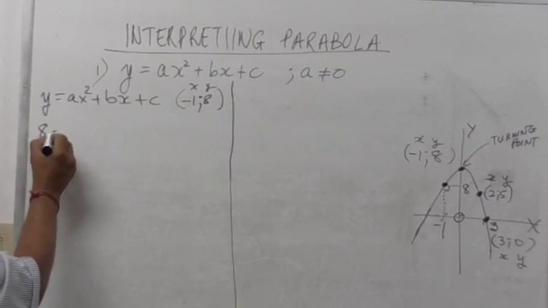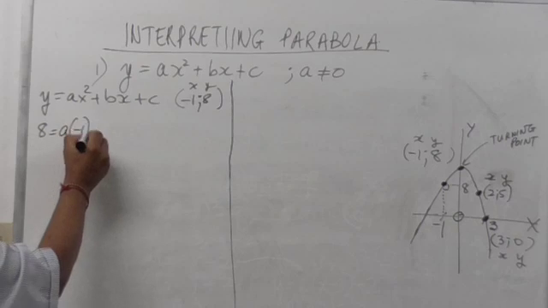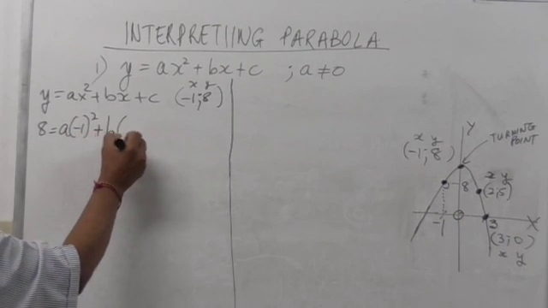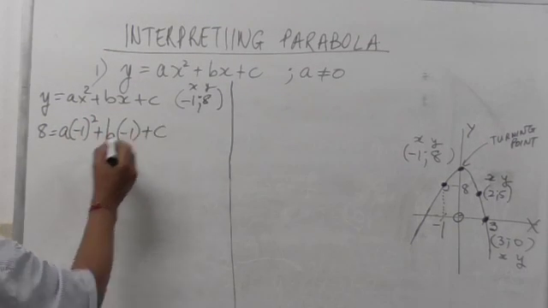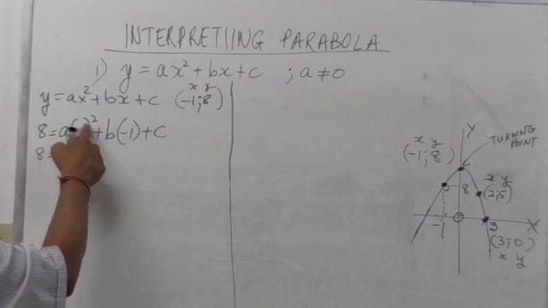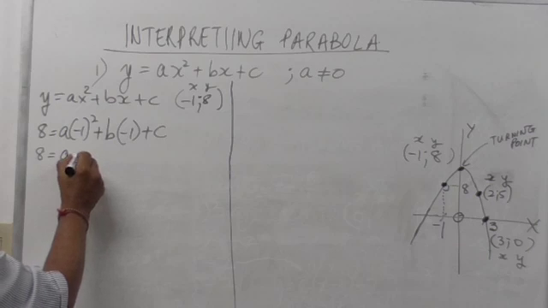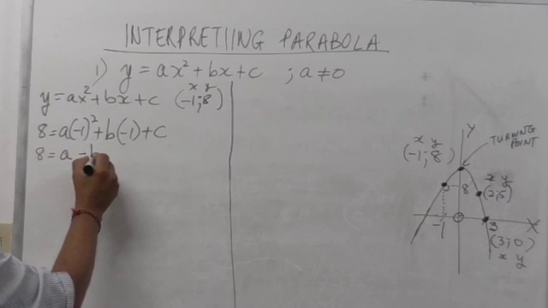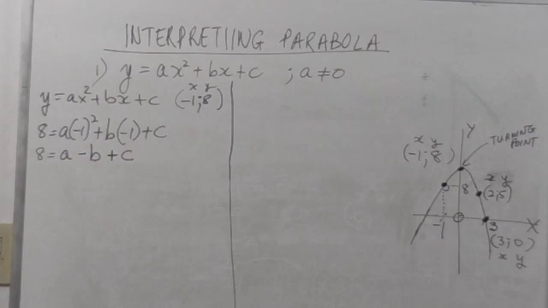So 8 is equal to a into minus 1 squared plus b into minus 1 plus c. So 8 is equal to, minus 1 squared is 1, 1 times a is a, minus 1 times b is minus b, plus c.